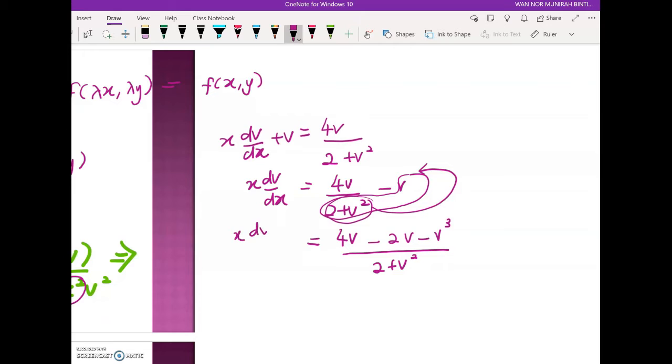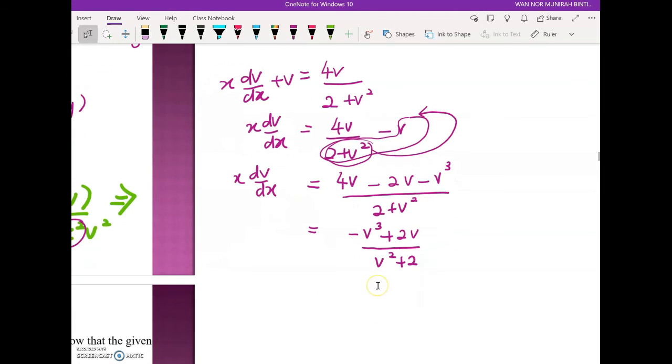So this is x dv/dx. Let's simplify the right-hand side of the equation. We have negative v cubed plus 2v over v squared plus 2. Now we try to separate the variables.